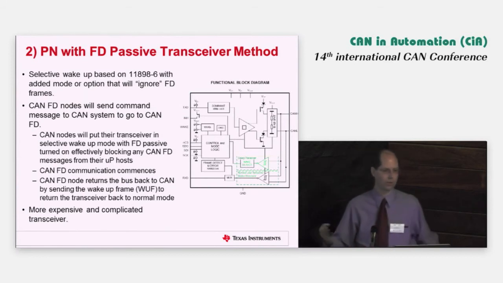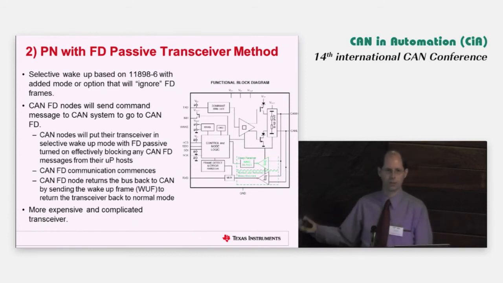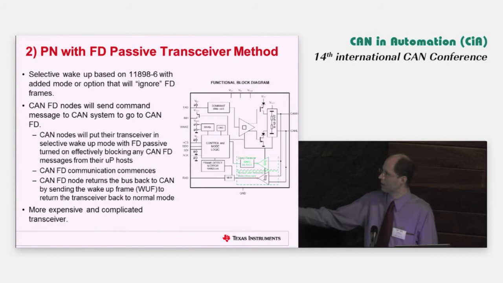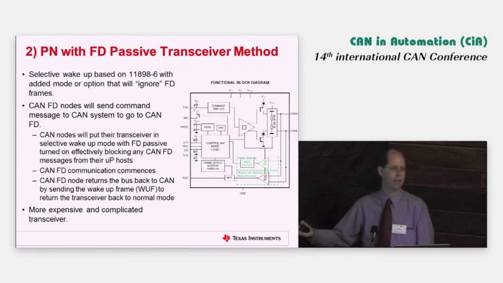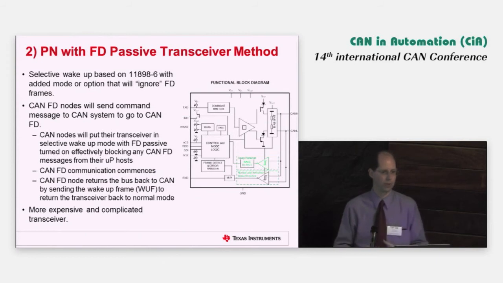And then it's once again on the FD node's responsibility at the end of the FD traffic to send a command via CAN that matches the detection pattern. So we have the wake-up frame, and then we wake all the CAN nodes back up. They turn themselves back into CAN communication and once again have normal CAN operation.